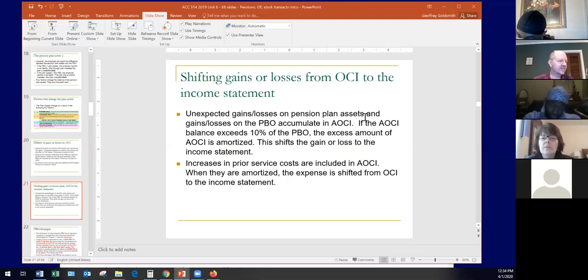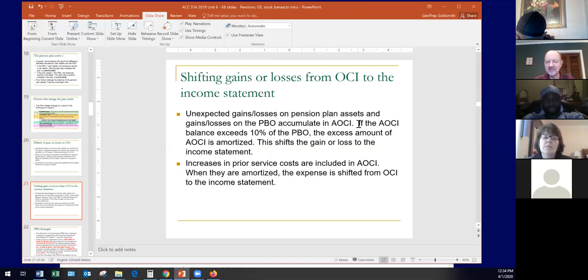Unexpected gains and losses on pension plan assets, and gains and losses on the PBO, accumulate in other comprehensive income. Some years there should be unexpected gains on the assets, and some years losses. Some years the actuary would calculate a gain on the PBO, other years a loss.